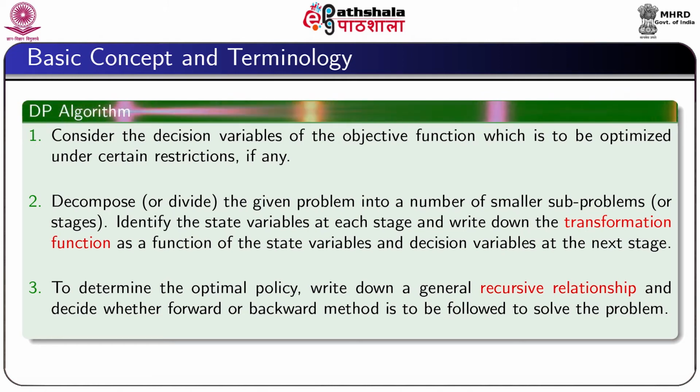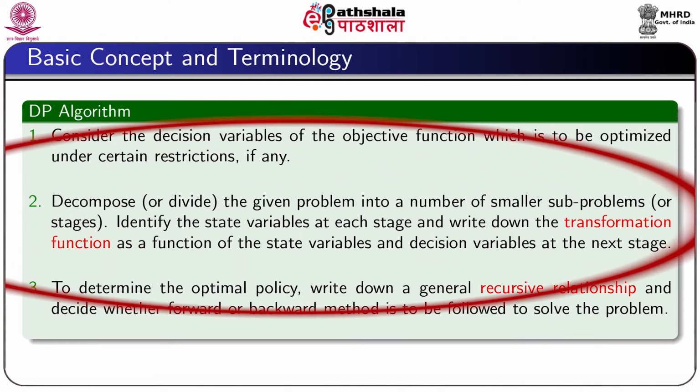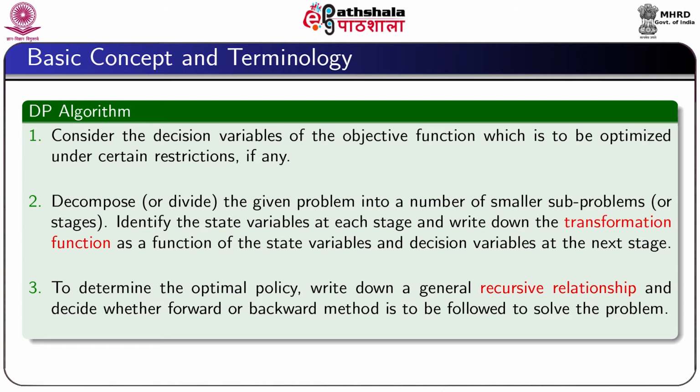Step 2, decompose the given problem into a number of smaller sub-problems. Identify the state variables at each stage and write down the transformation function as a function of the state variables and decision variables at the next stage.